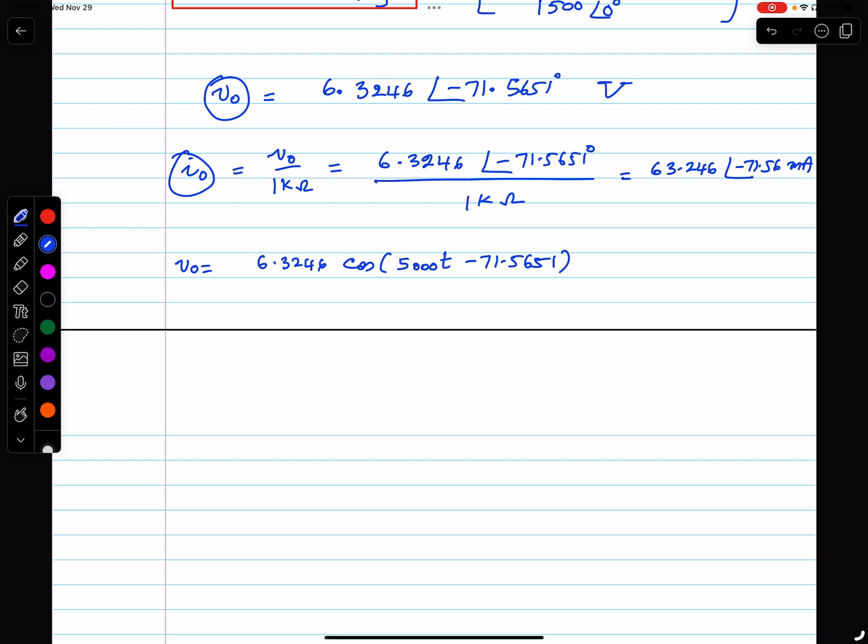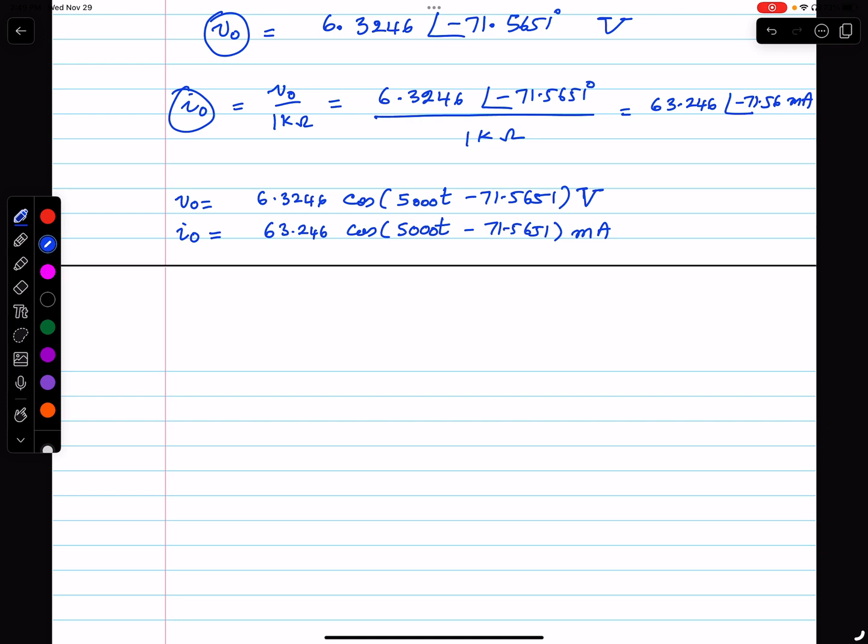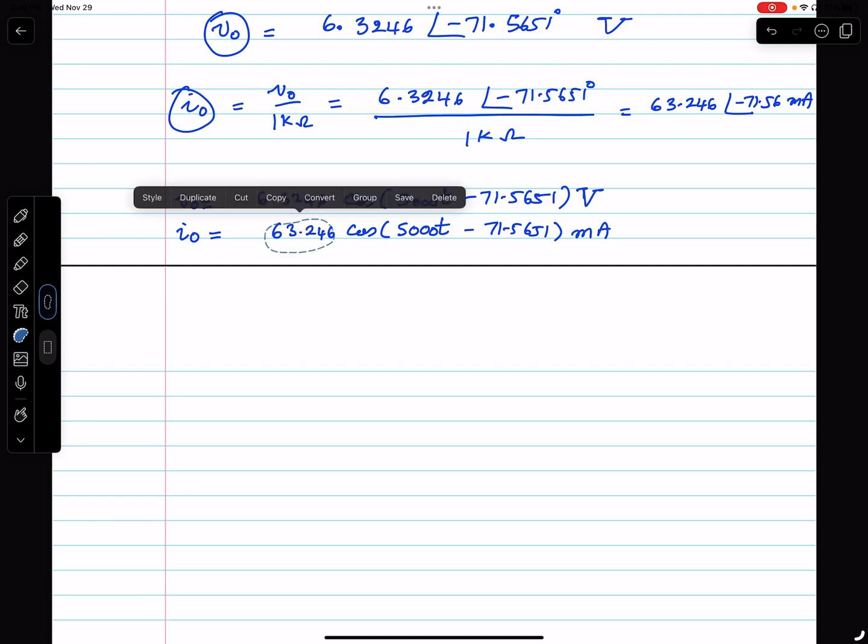Similarly, I0 is going to be 63.246 cosine of 5000 t minus 71.5651. This one is in volts, and this one is in milliamperes. You can plug in that milli as 10 to the negative 3, or you can carry forward that milli.